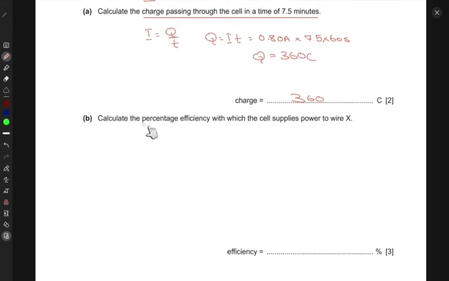Next, we are required to calculate the percentage efficiency with which the cell supplies the power to the wire. So how efficiently is it providing that power?